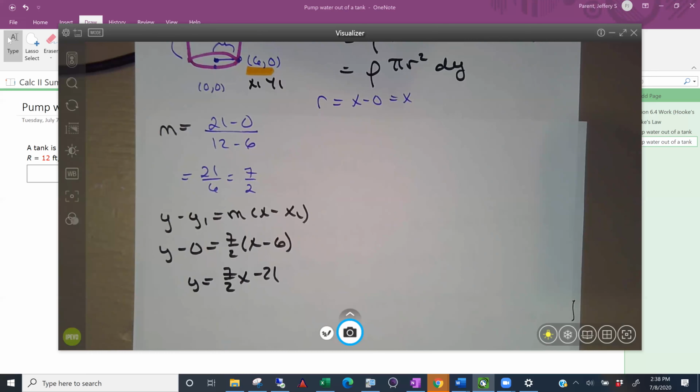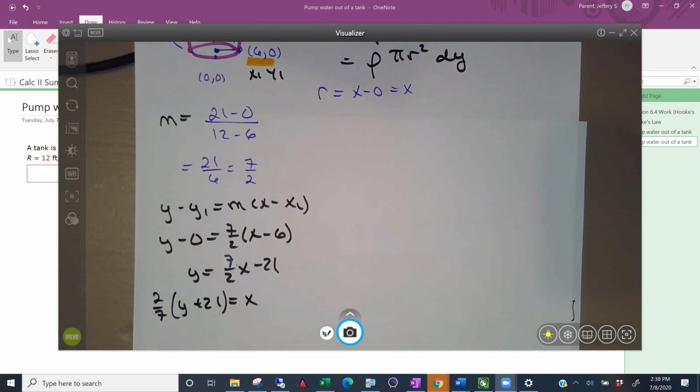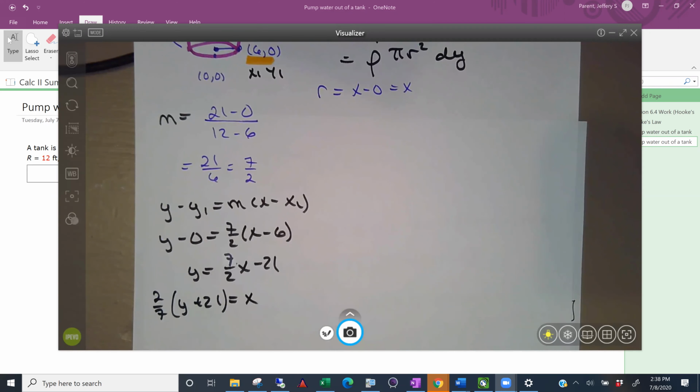I have to have x solved for, not y solved for. So I'll move the 21 to the other side, y plus 21, and then multiply both sides by the reciprocal. So that's 2/7 times y plus 21 equals x. A lot of work to get that expression for x, but that's what we wanted.